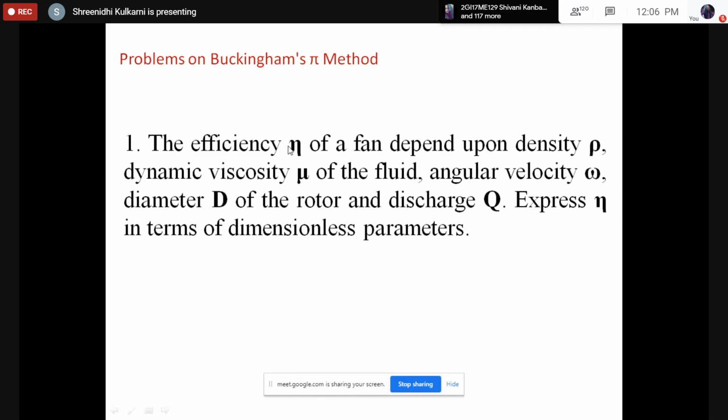The efficiency of a fan depends upon density, mu, angular velocity omega, diameter of the rotor d, and discharge q. Here how many variables are there? First efficiency 1, 2, 3, 4, 5, and 6.